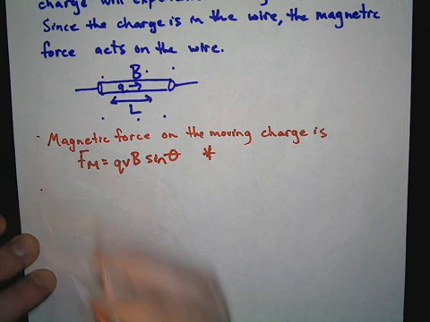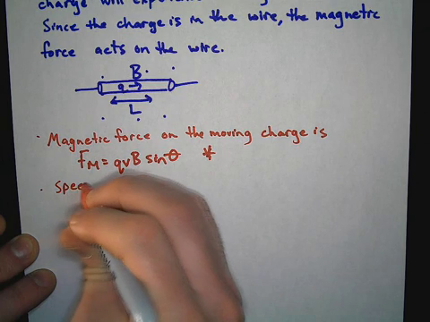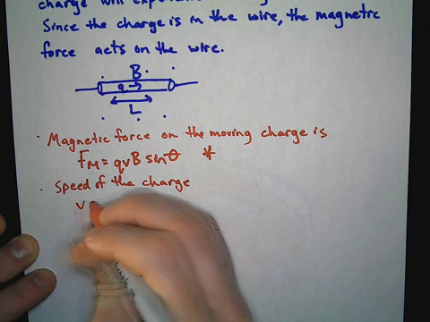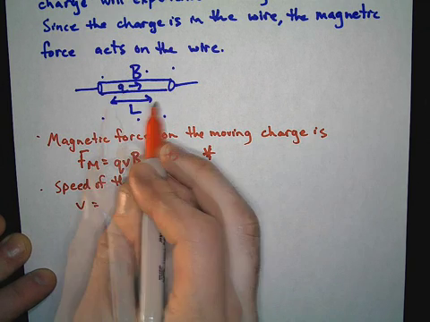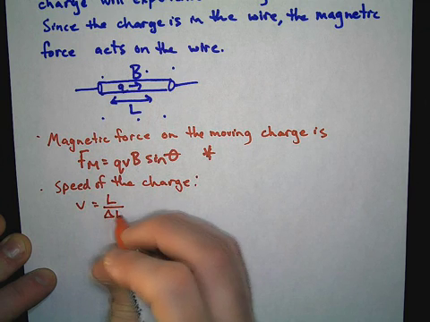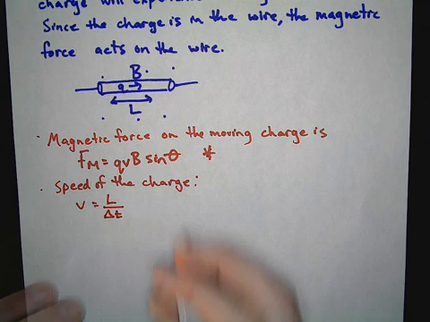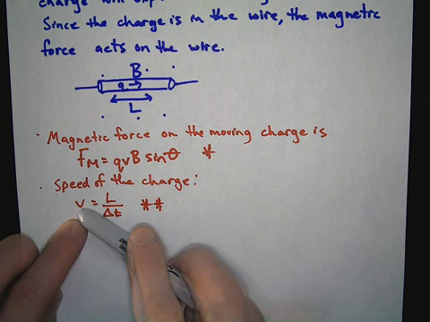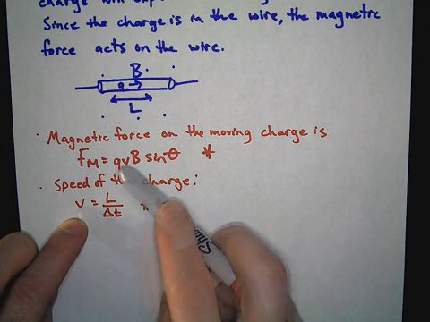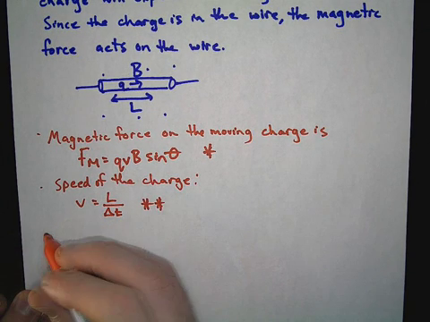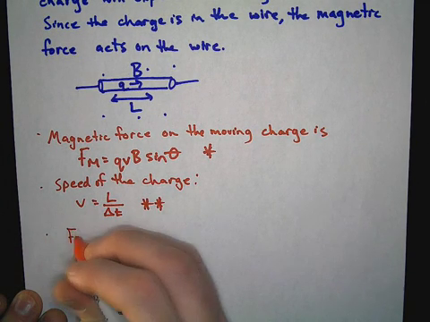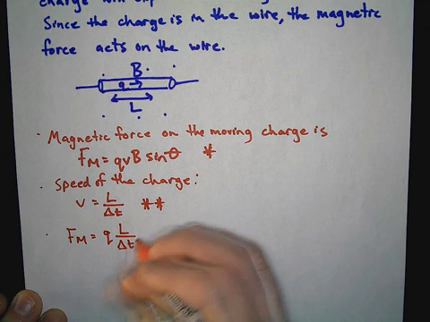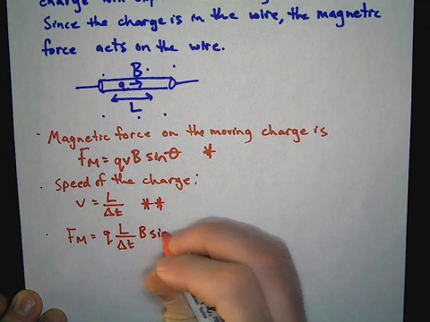And the speed of a charge V is equal to its traveling some length L over some interval T. Let's call this equation double star. Well, let's take our V in this case and substitute it into the first equation. What that will give us, therefore, is that Fm, my force, will be equal to Q L over delta T B sine theta.